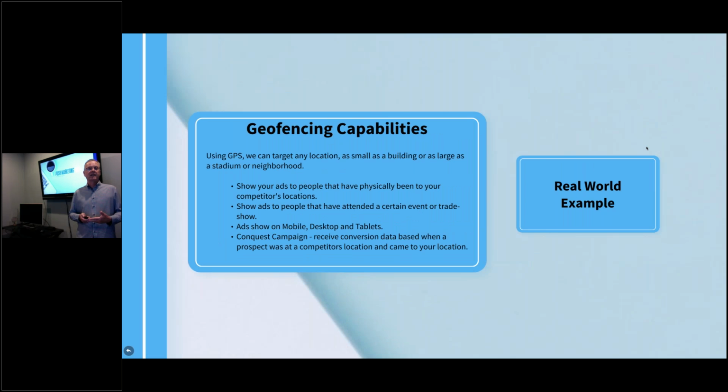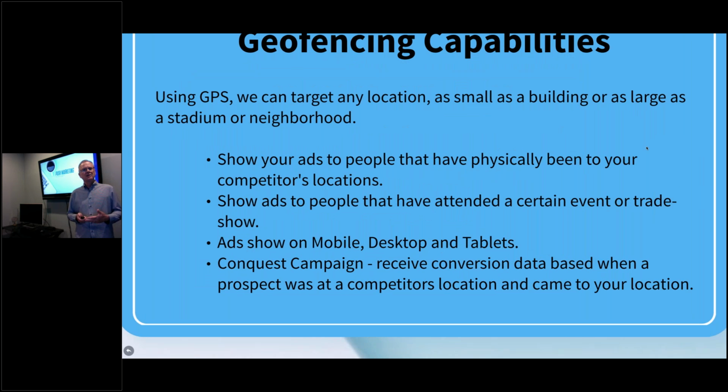So, geofencing capabilities. Using that GPS, we can target any location, as small as a building or as large as a stadium or even a neighborhood. So we can show your ads to people that have physically been to your competitors' locations. Also people that have attended a certain event or trade show.